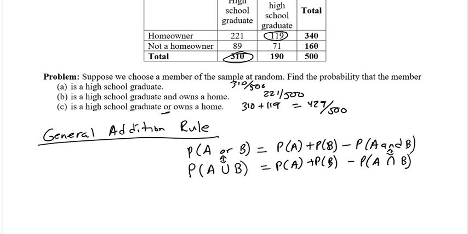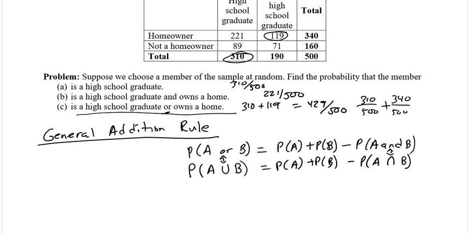And we did see that because when you did the probability of A or B, so the probability that they're a high school graduate, this one right here, this C, another way we could do that: the probability that they're a high school graduate, we already did, was 310 out of 500, plus the probability they own a home is 340 out of 500.